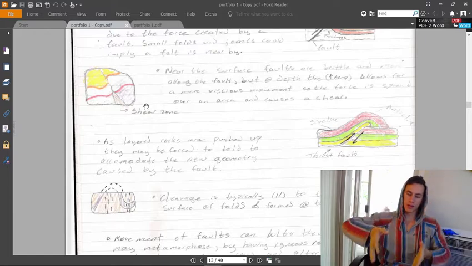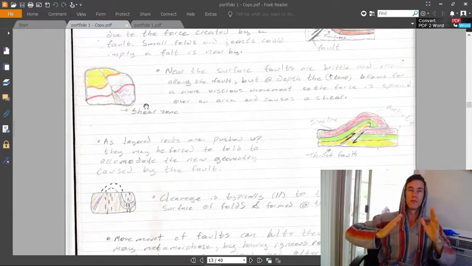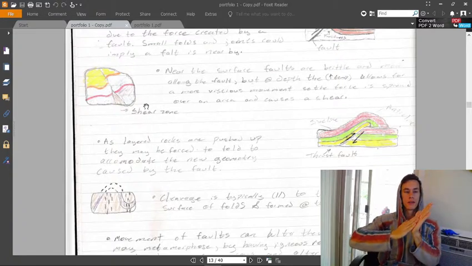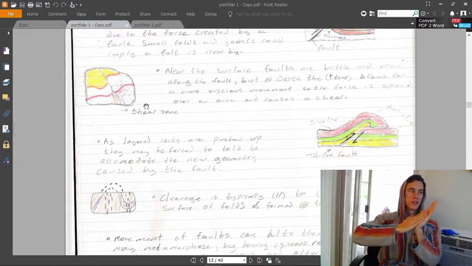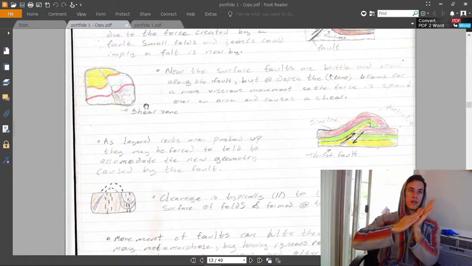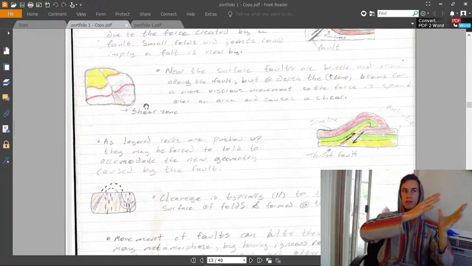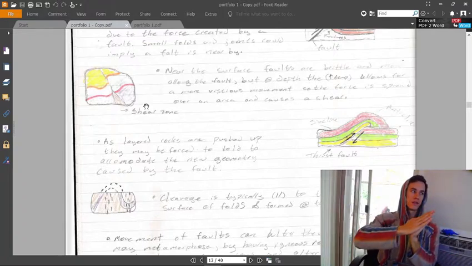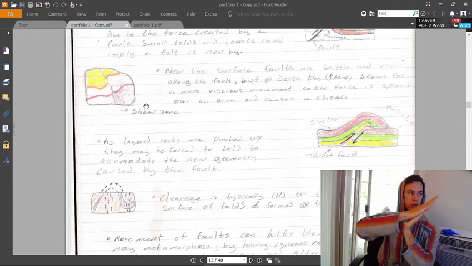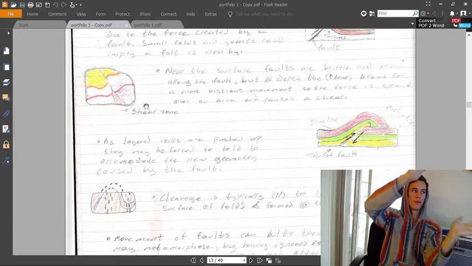But deep down, everything's a little bit more liquid, so when something moves, like a fault hits at the bottom, it's not just going to break everything unless it's a huge amount of force. More likely it's going to spread out and create smaller movements, spread all of its energy and force instead of being confined into one movement, and shift stuff around.